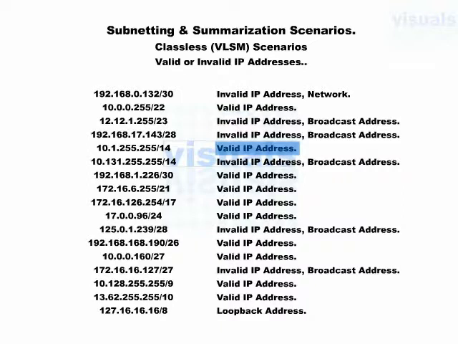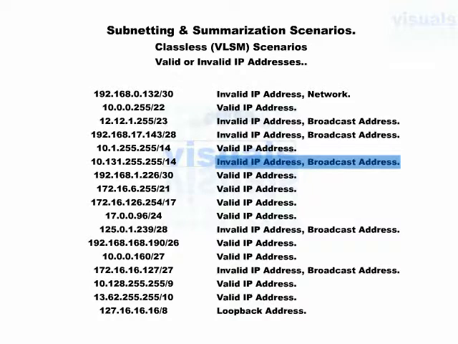Yes, it is. And the next network address would be 10.4.0.0, yes, because of the difference of 4. Now these are very complicated scenarios, and we are doing this without any help, just memorizing those rules and regulations. Here it is an invalid IP address, and it is a broadcast address.